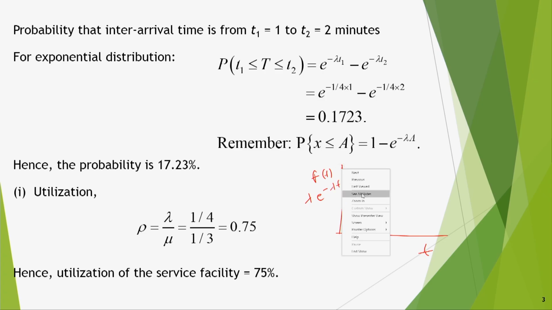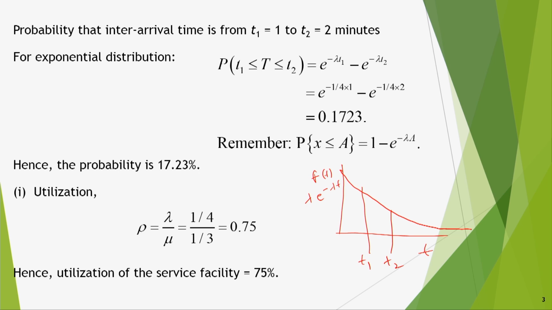So, naturally it goes like this. We have to find the area between T1 and T2. So, this will be e to the power minus lambda T1 minus e to the power minus lambda T2.